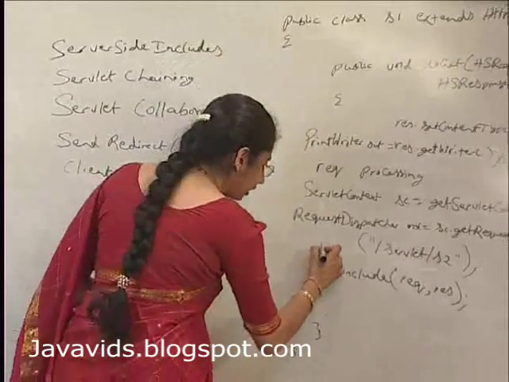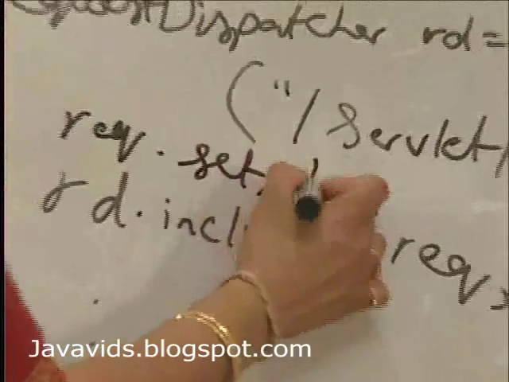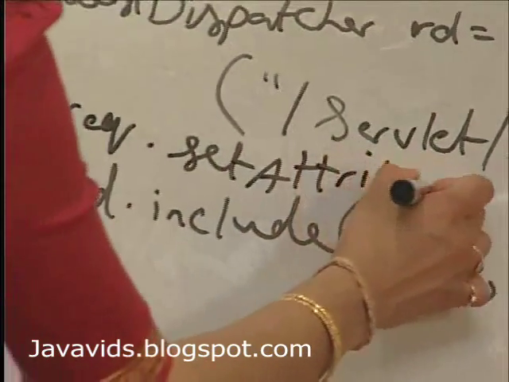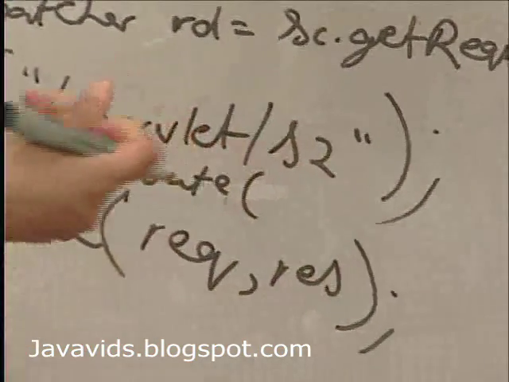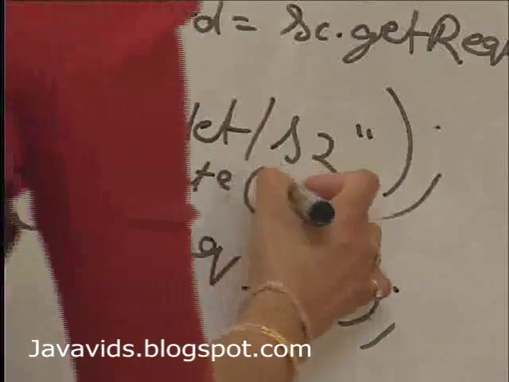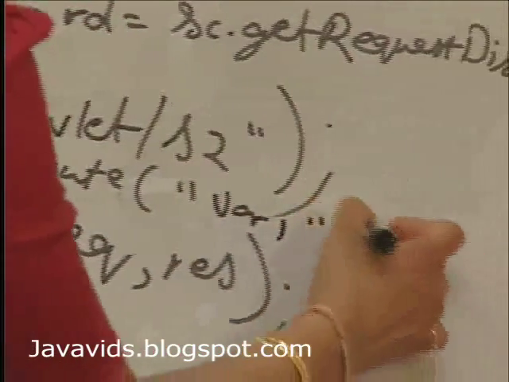So you will call request.setAttribute, passing the variable name and value. Whatever variable you want to pass, comma, value.